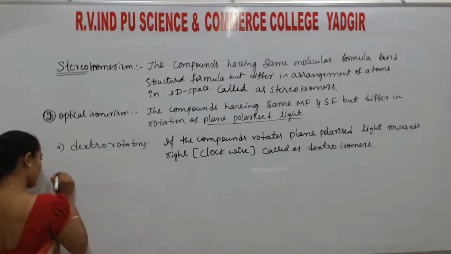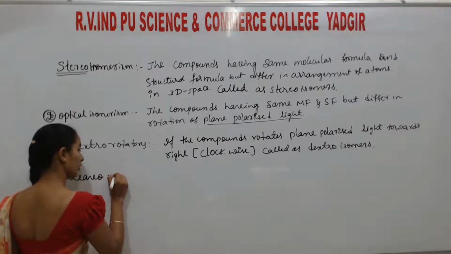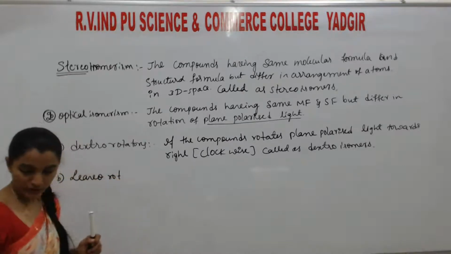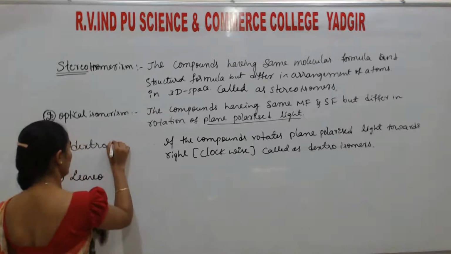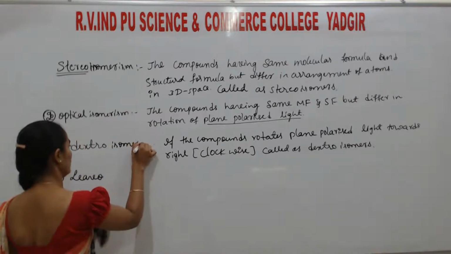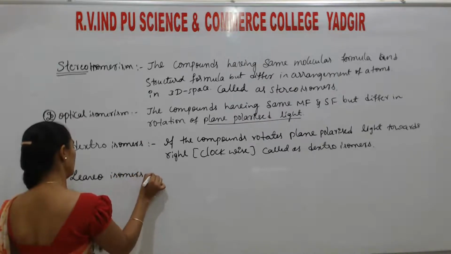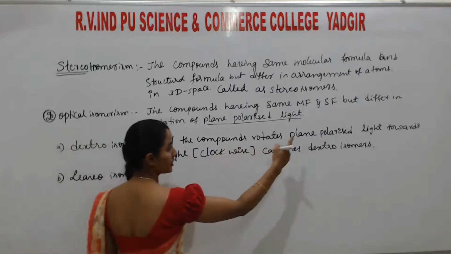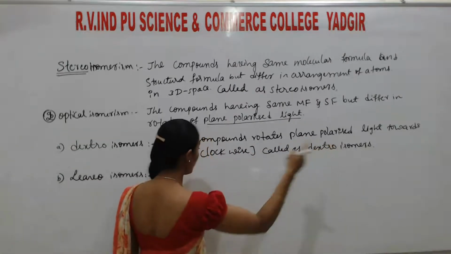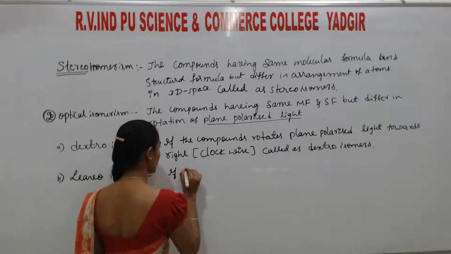And I take another one, levo also. Levo rotatory. Okay, so here, if the compound rotates plane polarized light towards the right, then it is dextro. Of course, then the other is towards the left.